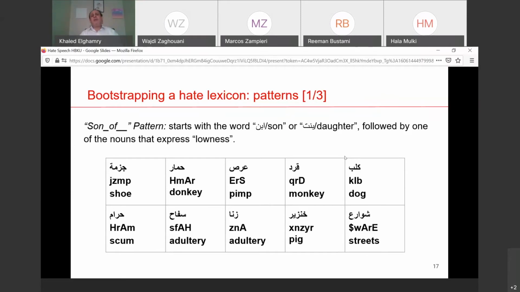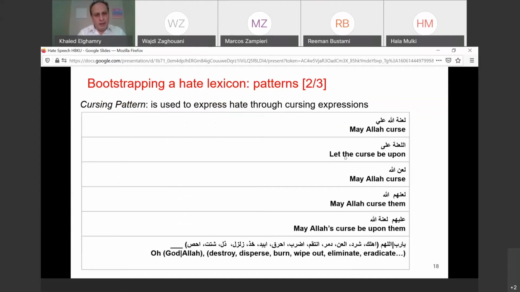The second pattern, and I think Hala touched upon it, is the damning or cursing pattern, used to express hate through cursing expressions.